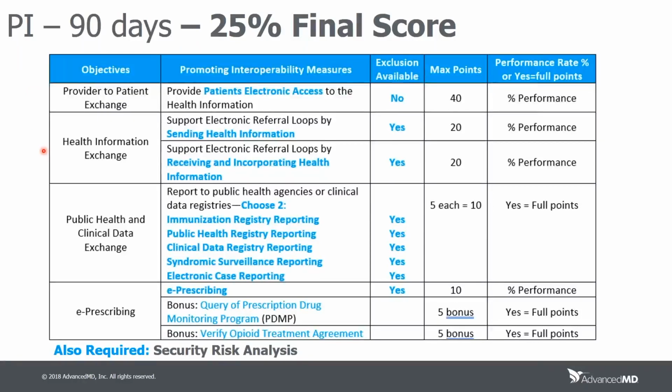How are clinicians talking to each other? How is that information going? The official title is Support Electronic Referral Loops by either sending or receiving. And then there's the public health and clinical data exchanges. So how are you exchanging data as needed and receiving data, or fetching data is the term that they're using.